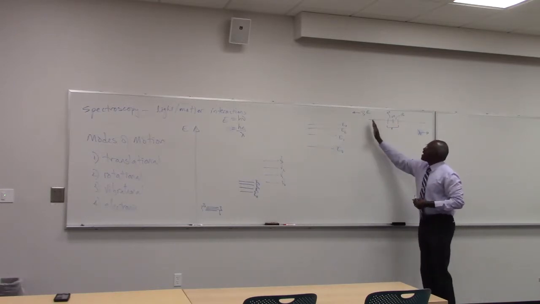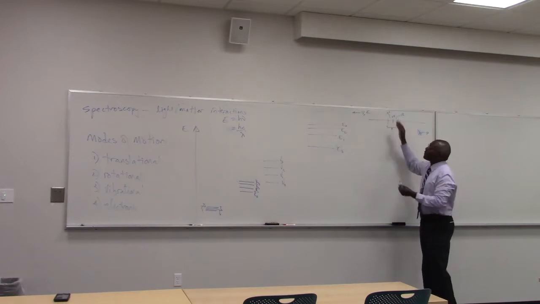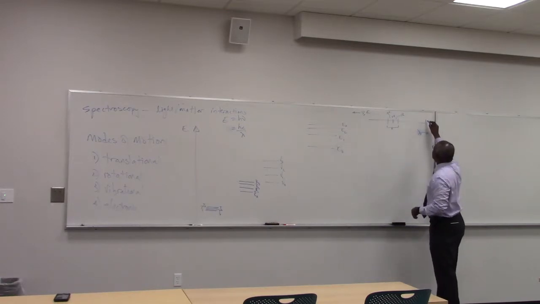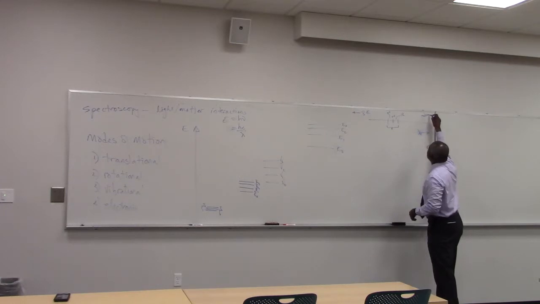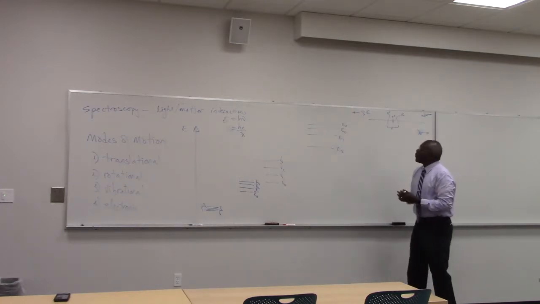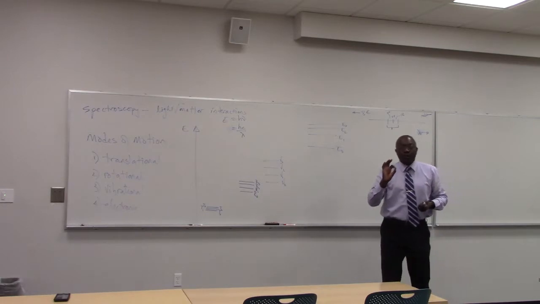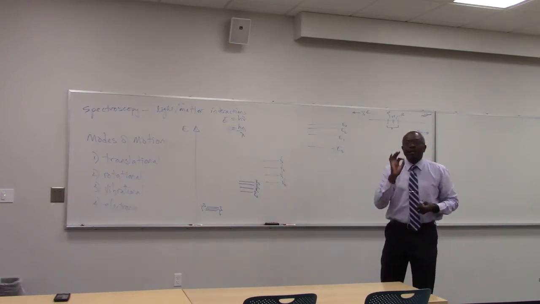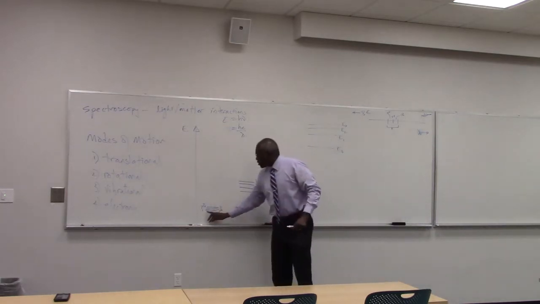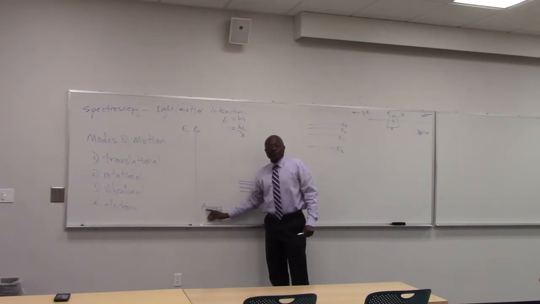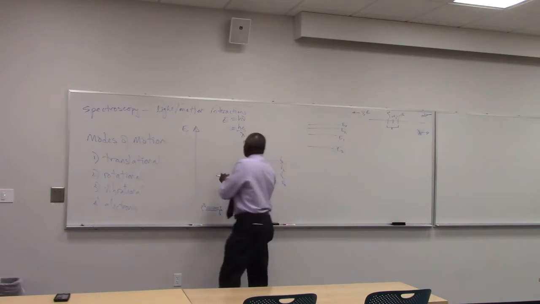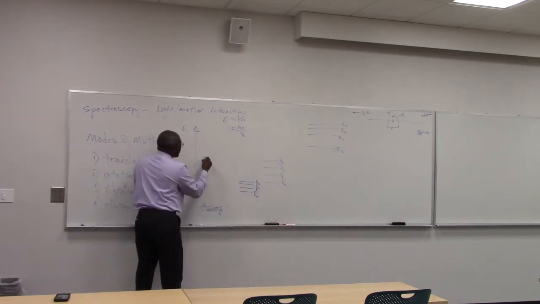Okay, so here's the point. If I look at the energies of all of the photons of light, even all the way down here, where it's in the radio wave band, we cannot find a photon whose energy is low enough to bridge a gap in the translational mode. These gaps are so small, right?